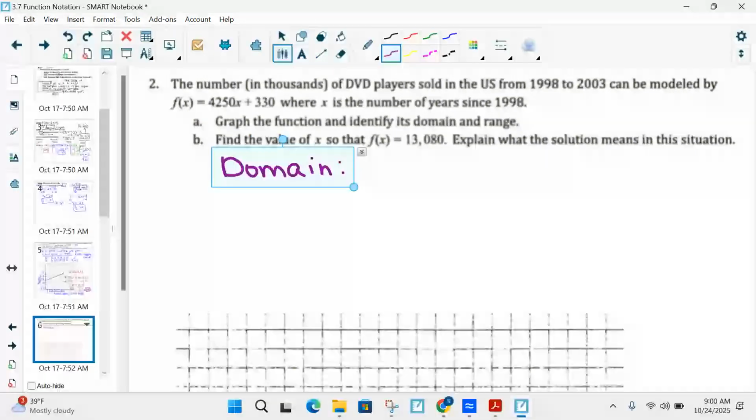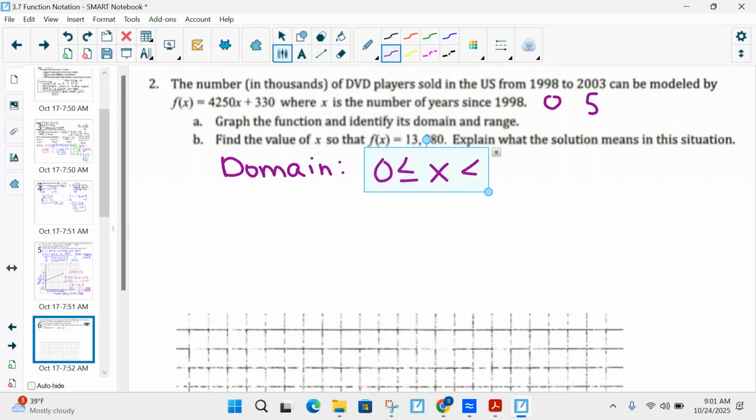Remember how we wrote the domain for the previous question. 1998 represents the year 0, and that means 2003 is the year what? Sabrina? Yes. That means our domain will be 0 less than or equal to x less than or equal to 5.